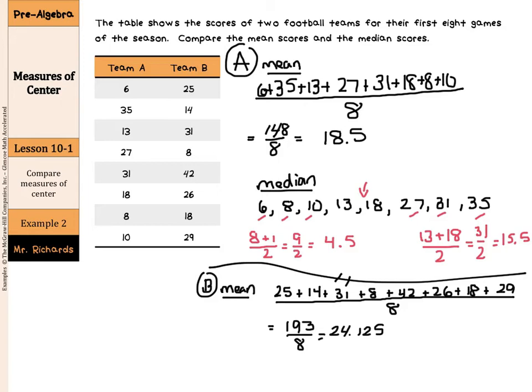What about their median? Well, again, we need to get these games in order from least to greatest.